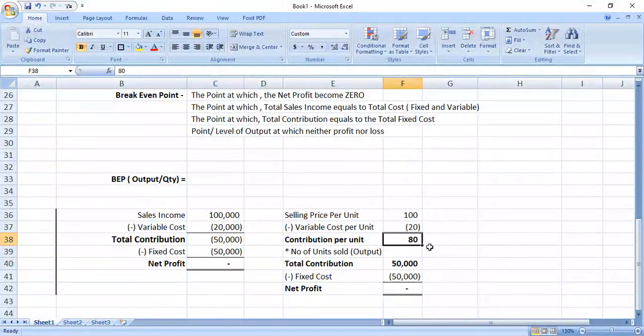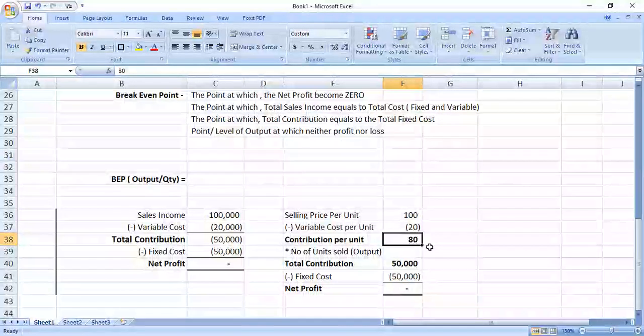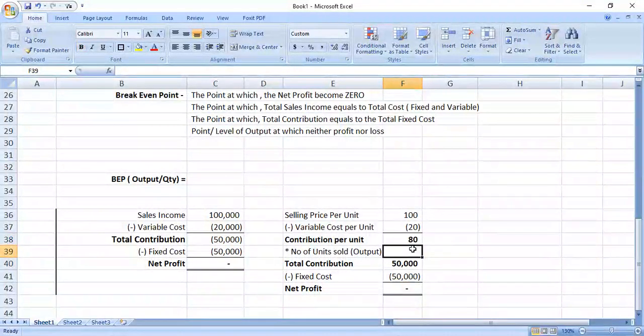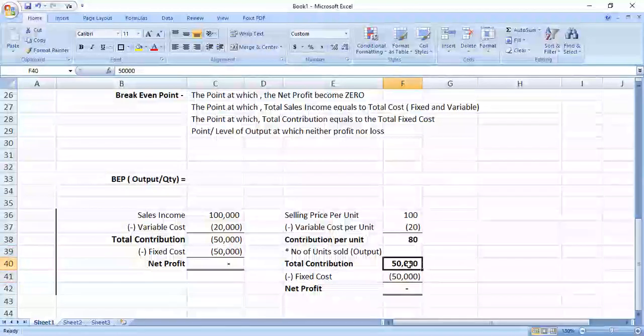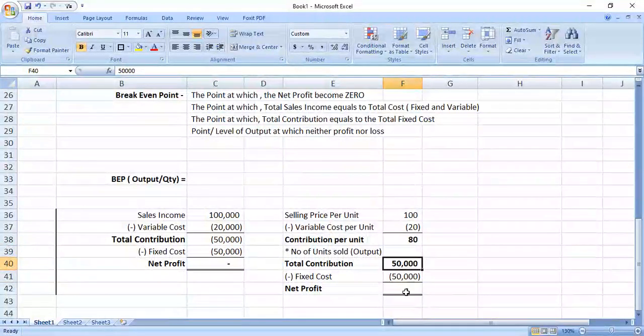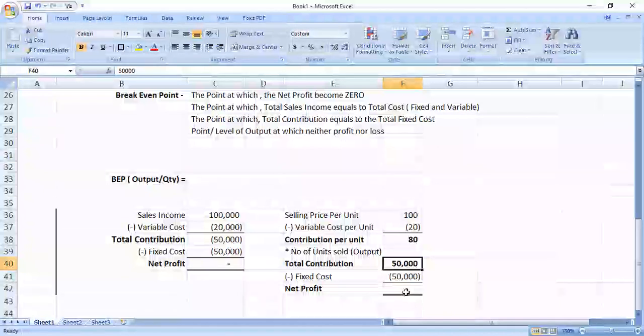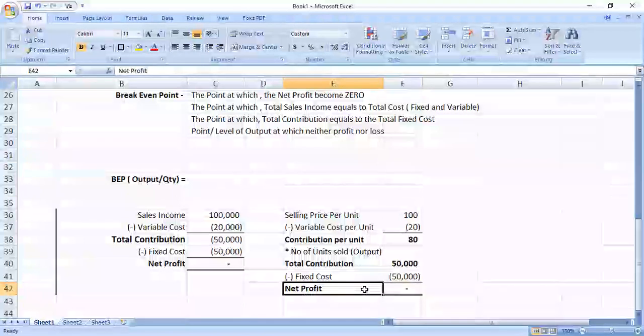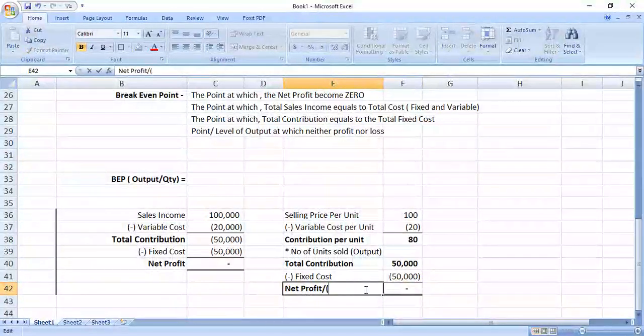Even when you produce 500 units, sell 500 or 1000, the contribution from one unit is the same, because selling price per unit is same, we assume. Variable cost for one unit is same, so contribution for one unit is also same. But the quantity will change, so that your total contribution will change, right? So at a break even point, to arrive at a net profit of 0, or loss also 0, net profit slash loss could also come.